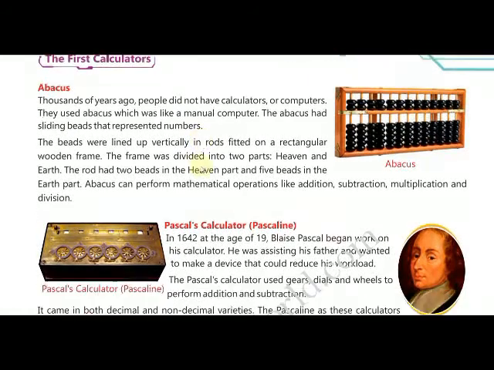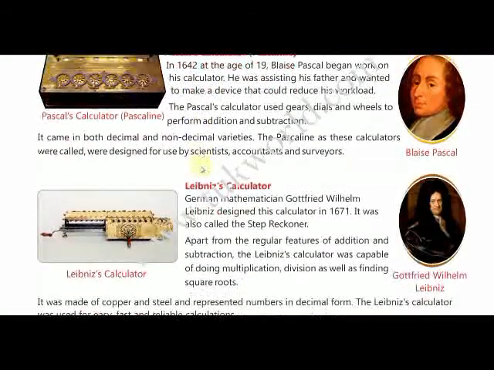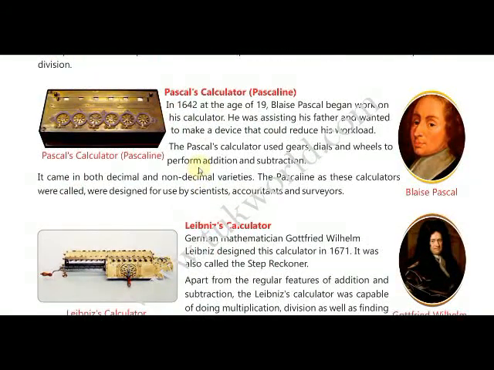Then after the abacus, our next calculating machine, what is that? It is a mechanical calculator. The name of that mechanical calculator is Pascal line. It was invented by Blaise Pascal in the year 1642. He was just 19 years old, and he was assisting his father to solve complex calculations.